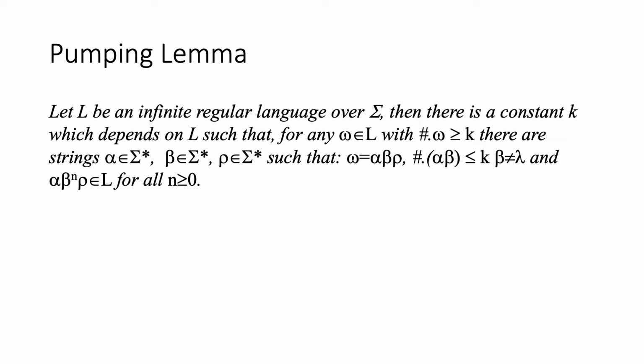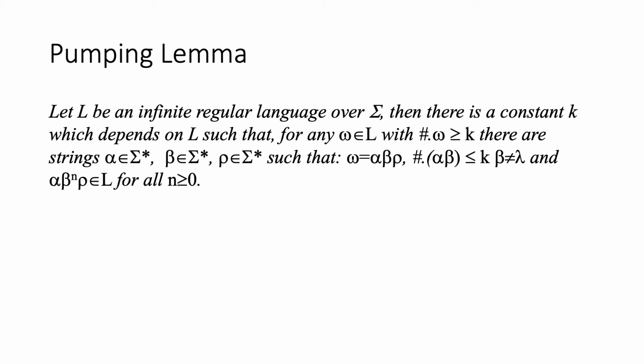You see, I'm dividing omega, whose length is greater than or equal to k, into three strings, such that the first two, when I concatenate them, have length less than or equal to k. I also say that beta is not lambda, and the theorem says that for any n, if I've chosen the substrings in that fashion, alpha, beta pumped n times, rho, should always be a member of L for all n greater than or equal to 0.